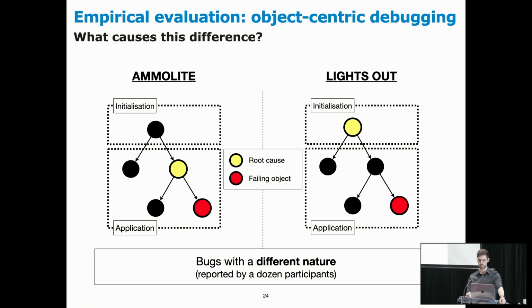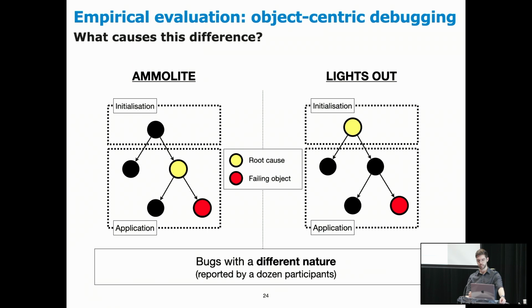In yellow is the method containing the root cause, and in red are the failing objects on which one would put a breakpoint. And what we can see is that amyloid has its root cause in the application part, whereas lights out has its root cause located in the initialization part.